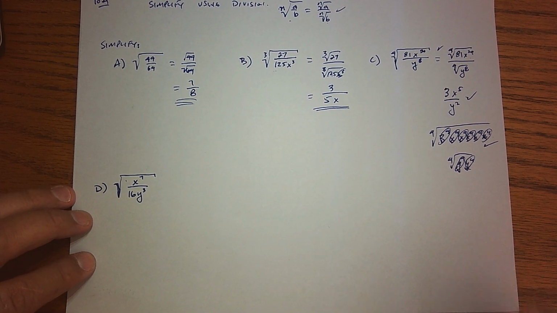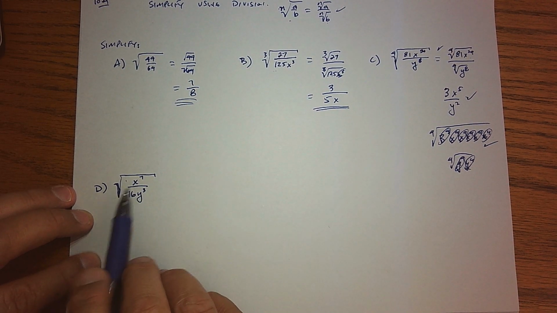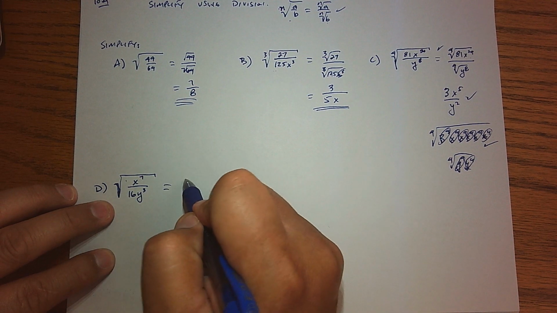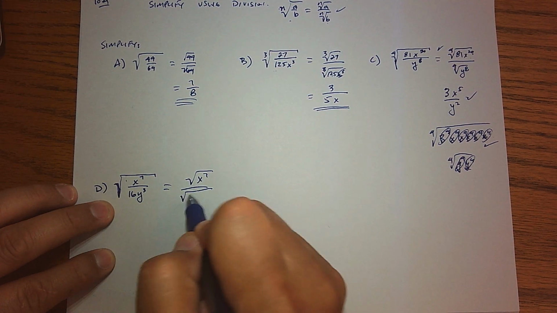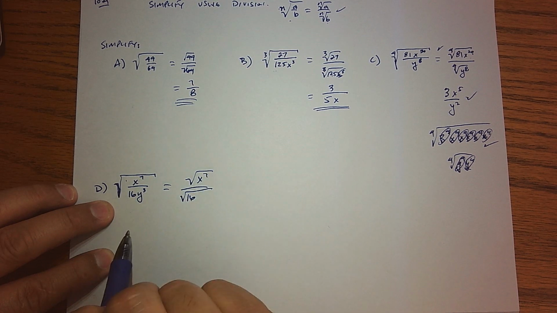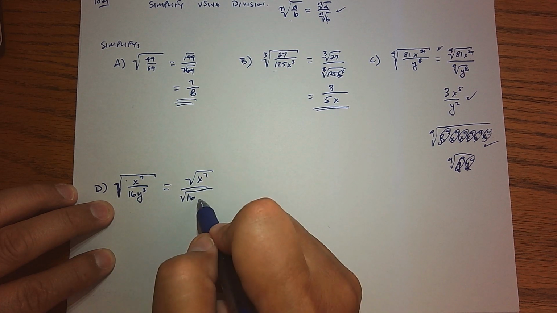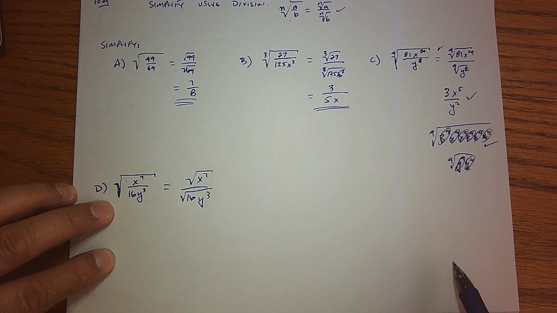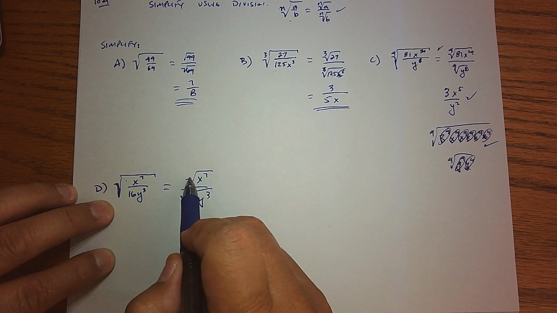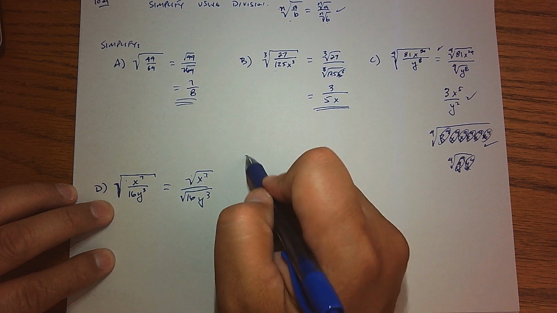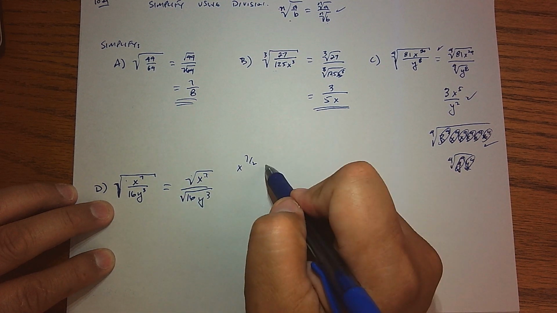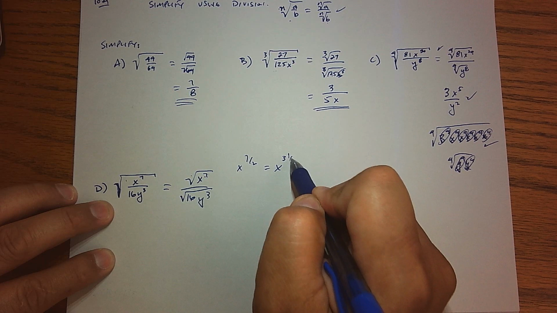Letter D here, again, we're all underneath one radical, so I'll begin by breaking that up into pieces. We're looking at the square root of x to the 7th and the square root of 16 y to the 3rd. And again, if we use shortcuts, upstairs here, 2 goes into 7 3 times. We're looking at x to the 7/2, which is x to the 3.5.